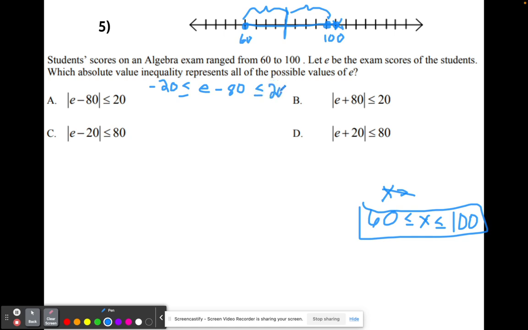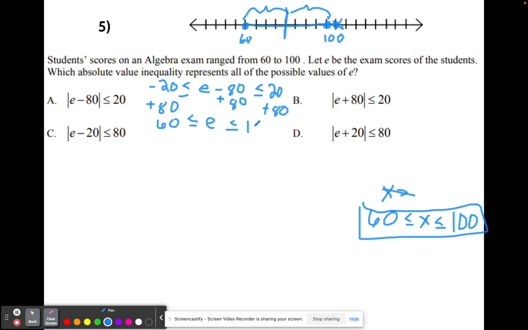And you'll see that when I add 80 to all parts, I'm going to get exactly what I want. I end up with -20 plus 80 is 60, is less than or equal to e, and that's less than or equal to 100.